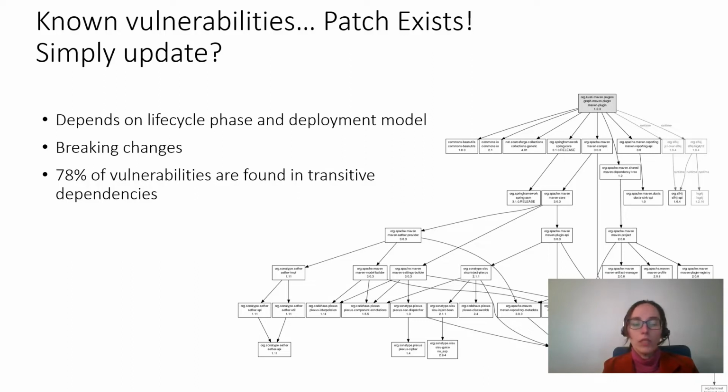So it for sure requires downtime, but on top of it, we have to consider that to update a dependency may bring in some breaking changes for the application. So it may require to apply some changes to the overall application. And on top of it, it may not be that easy to understand what is the impact of the change, because in 78% of the cases, the vulnerabilities are in transitive dependencies. So dependencies that are not used directly from the application.